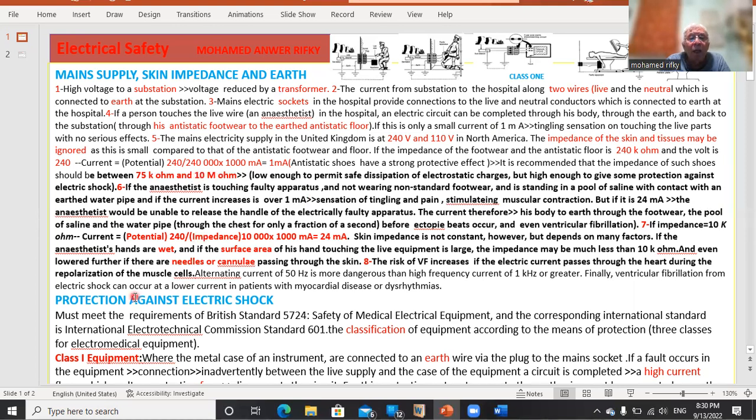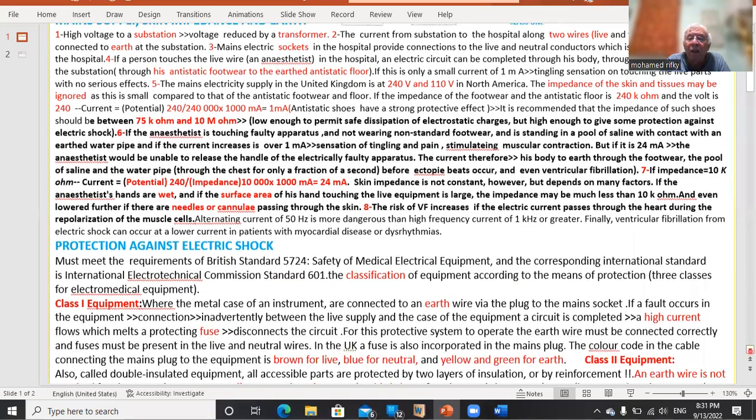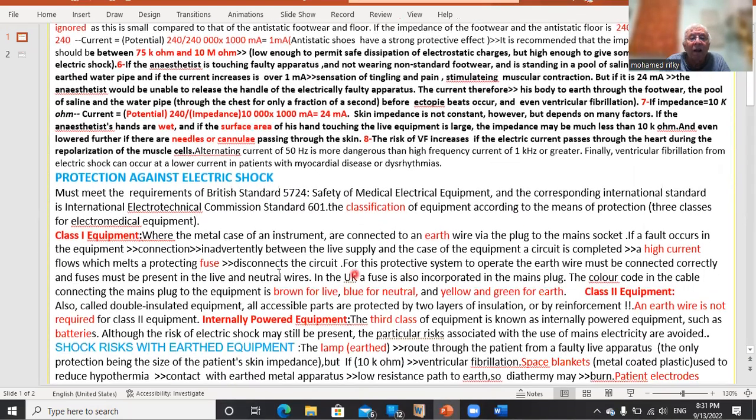Now we come to how do we protect the patient from electrical shock. We must meet the International Electrotechnical Commission standard 601, to fulfill the proper method to guard against electrocution, where the equipment used in the theater is divided into three types.